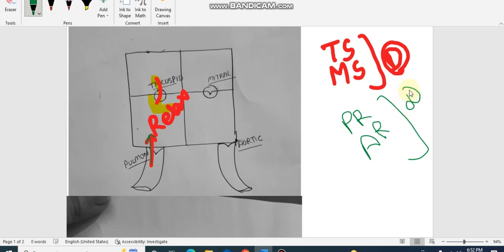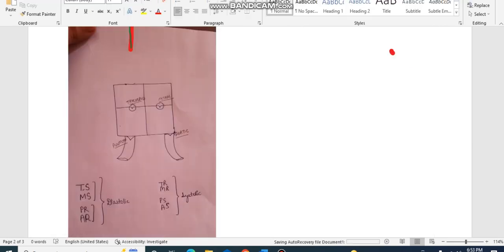So as a summary, we have the TS and MS and PR and AR as diastolic murmurs. Now opposite to that, TR, MR, PS and AS as systolic murmurs.